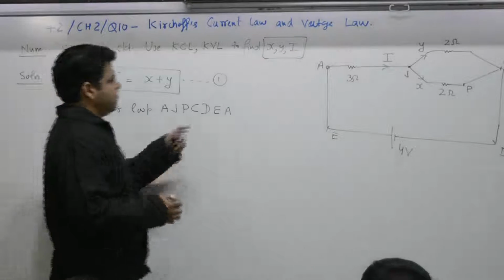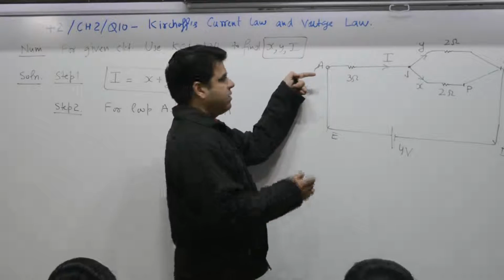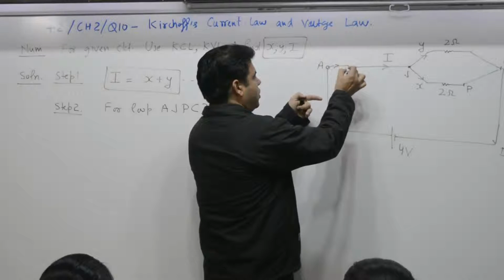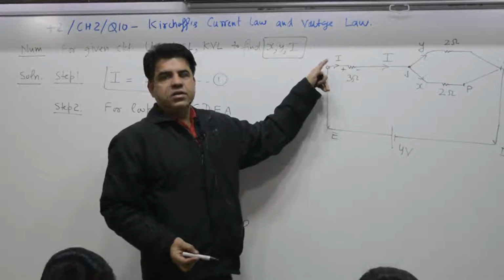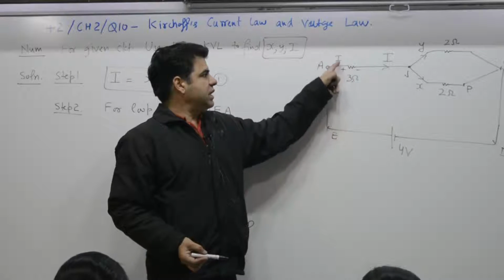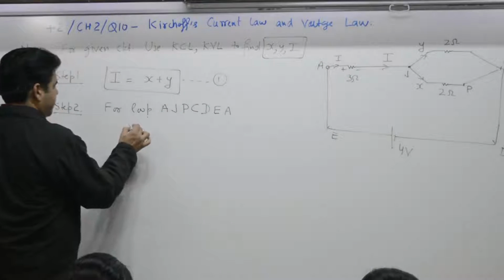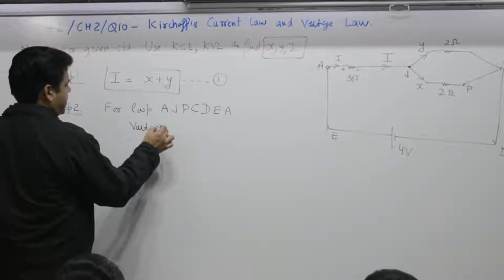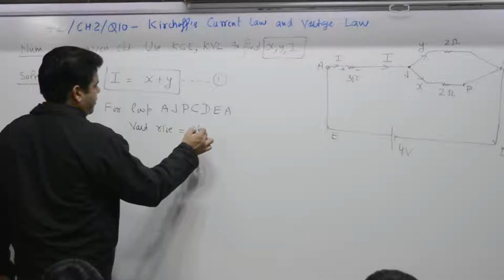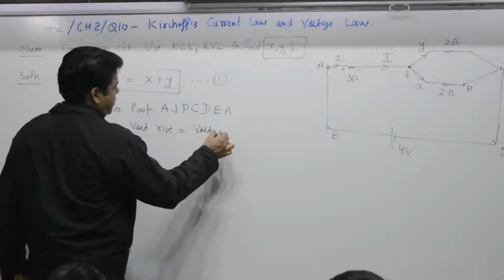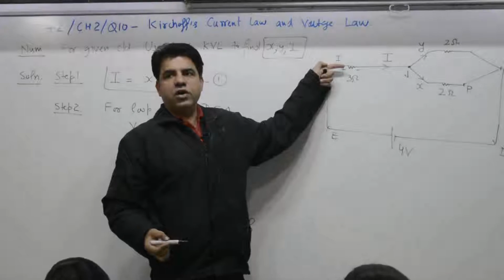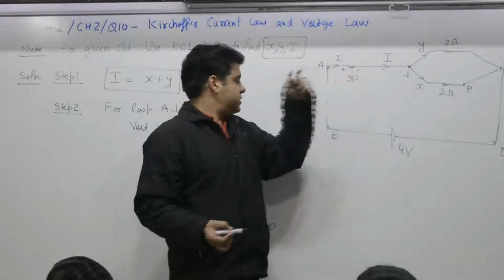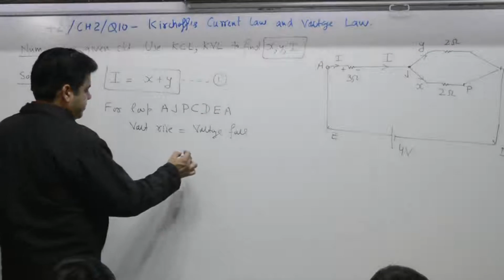Yes, we move from A. This is voltage rise or fall? Fall. How much? 3 into I. So I will write voltage rise on one side, voltage fall on other side. Rise or fall? Fall. How much? 3 into I.